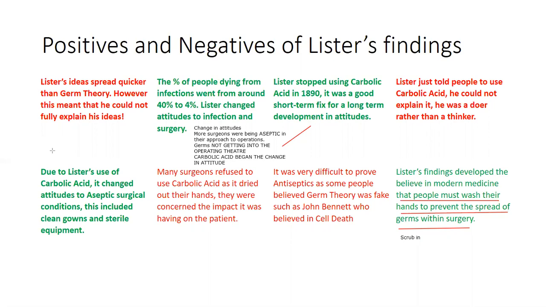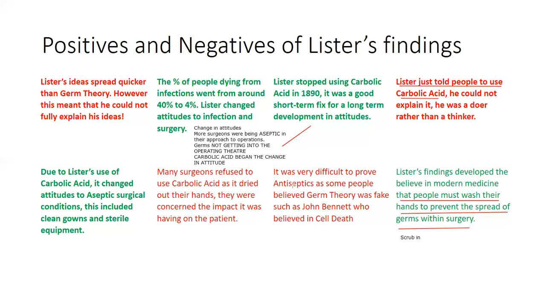Lister just told people to use carbolic acid without really explaining. He was a doer rather than a thinker. You must do this. Why? I'm not sure. Many surgeons refused to use it as it dried out their hands, and they were worried about the impact it was having on their patient, who would have been asleep due to the development of anaesthetics.